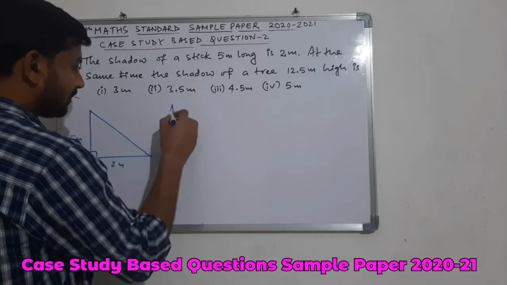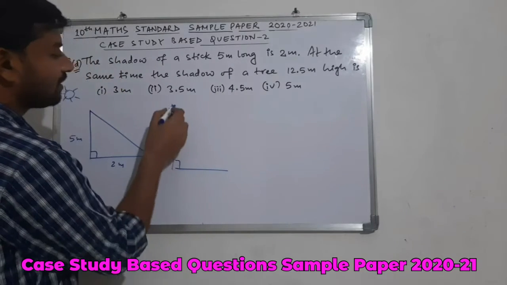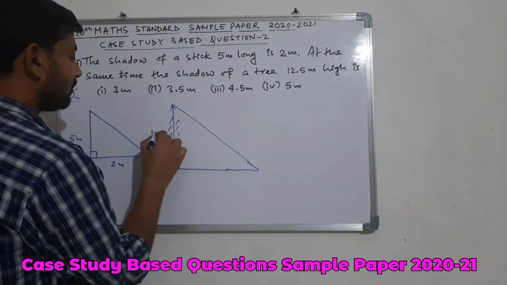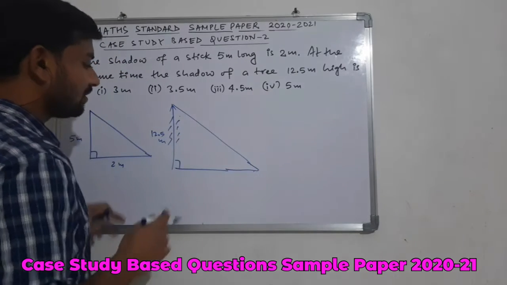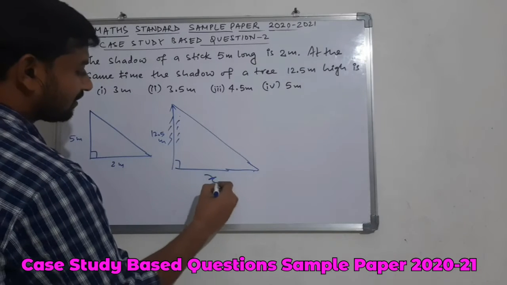We have to find, if we have a tree, its shadow length when the height of the tree is given as 12.5 meters. So clearly these two triangles are similar, and let me take this as x.